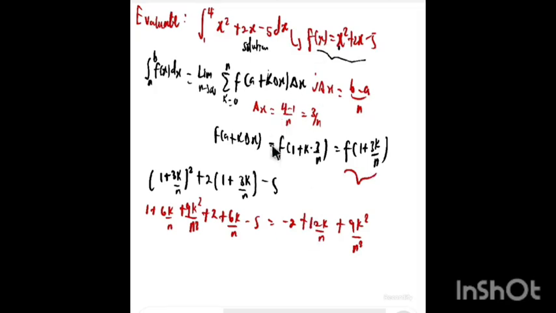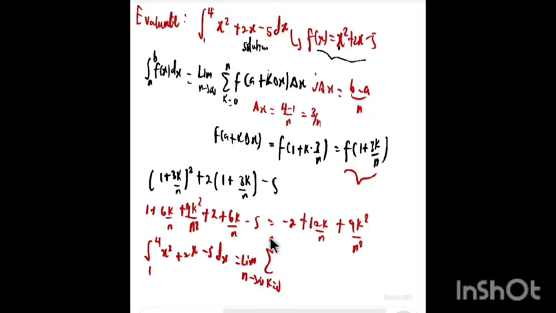So guys, we can now rewrite the sum right here. We're going to have the integral from 1 to 4 of x squared plus 2x minus 5 dx equals the limit of n tends to infinity of the sum of k from 0 to n.